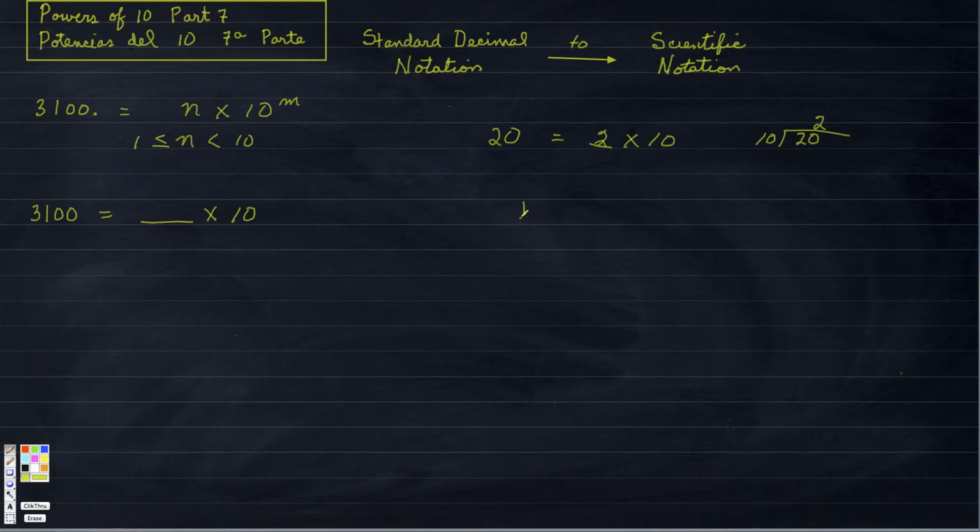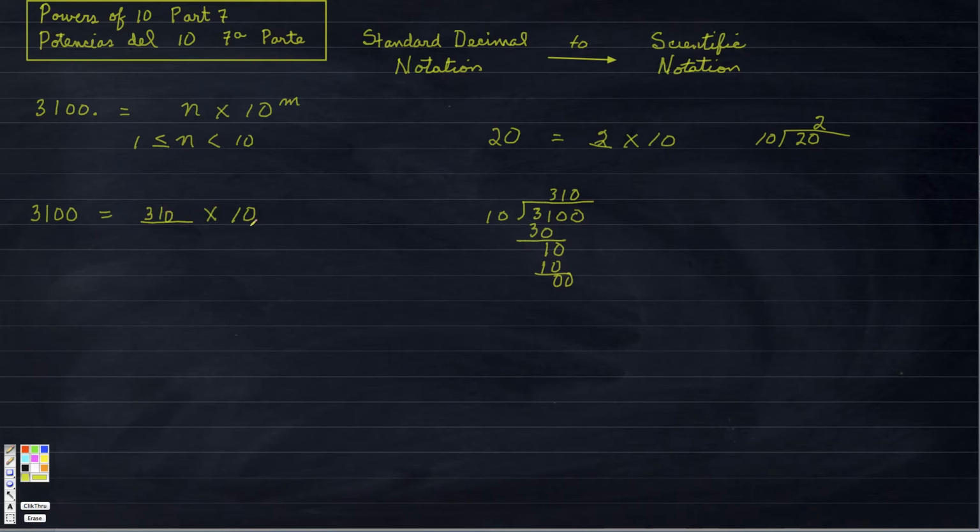So I divide 3,100 by 10. 3 times into 31, a remainder of 1, bring down a 0, it goes 1 time, a remainder of 0, bring down the last 0, and it goes 0 times. I found the other factor. The other factor is 310. So if I take 310 and multiply it times 10, it gives me 3,100.